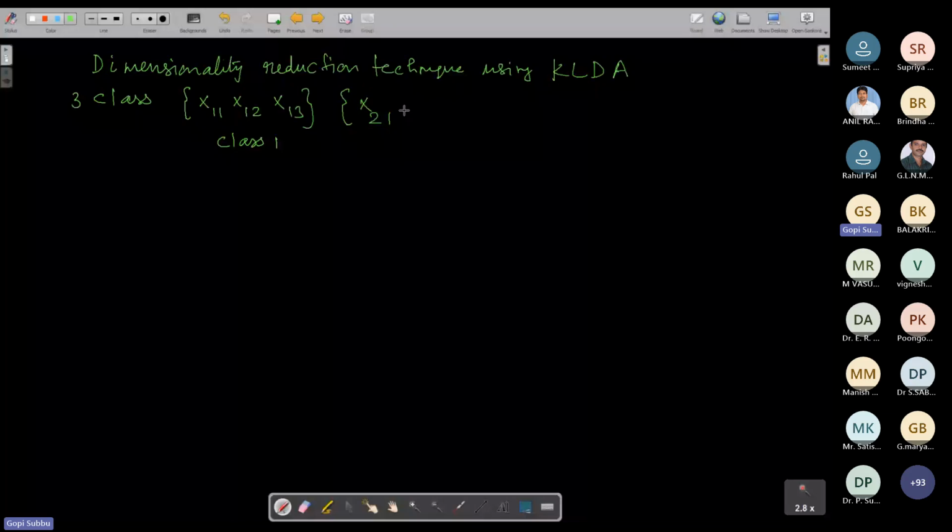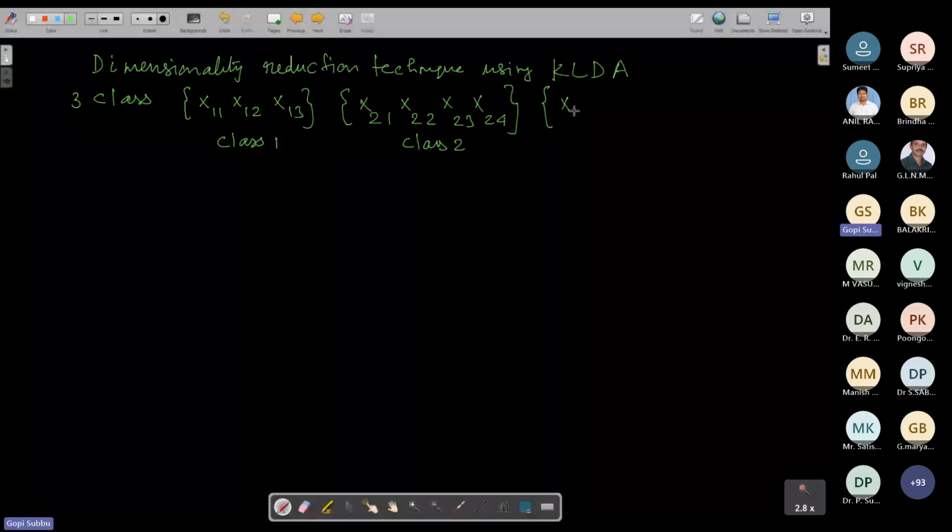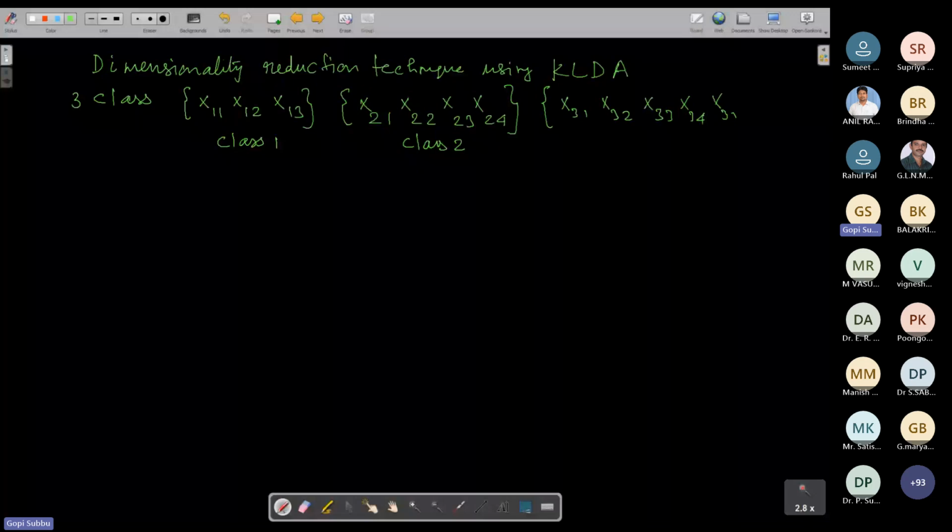For example, x2,1, x2,2, x2,3, x2,4, so 4 vectors in class 2, and then x3,1, x3,2, x3,3, maybe x3,4, x3,5. This is class 3.